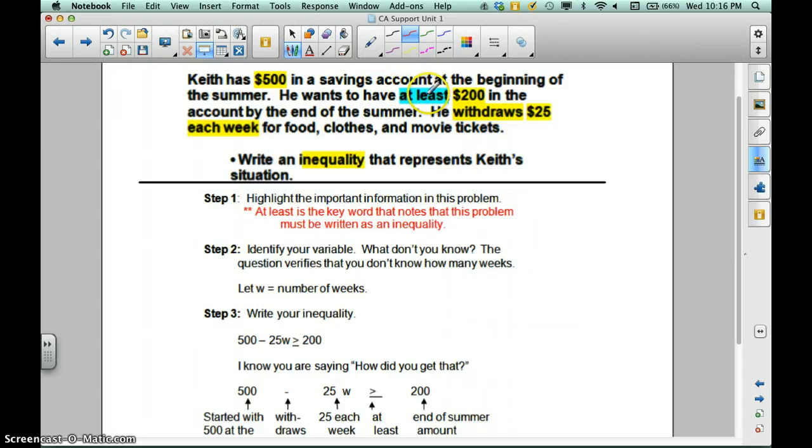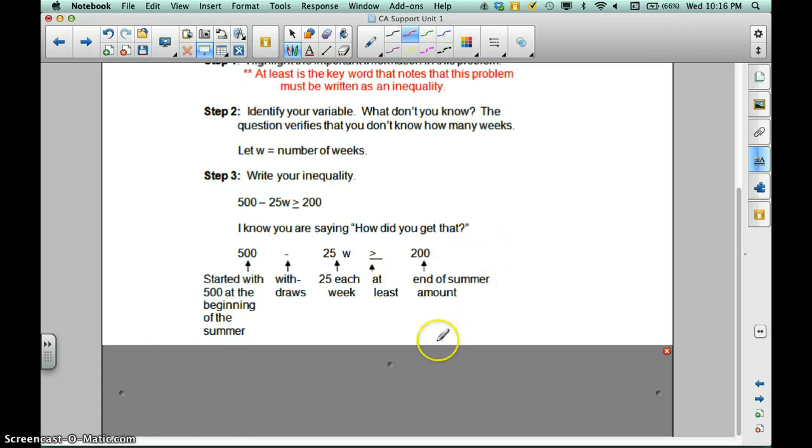He wants to have at least $200 in the account by the end of the summer. Now you're going to learn how to solve these inequalities, but in this unit we're going to focus just on reading it, translating it, and setting it up. So look back over this if you need to really take it in, because now you're going to do one on your own.